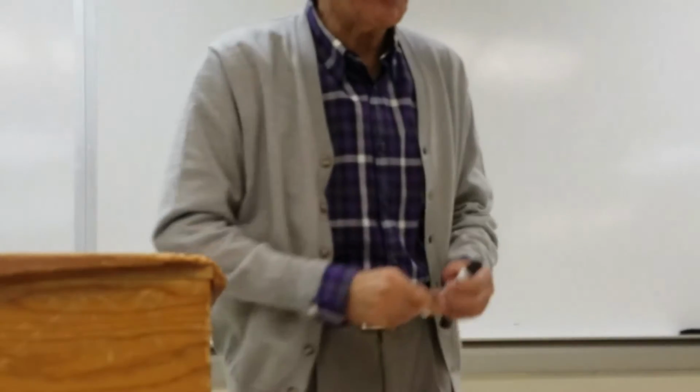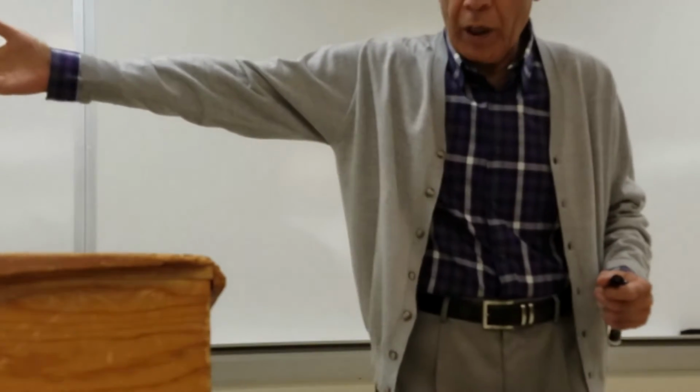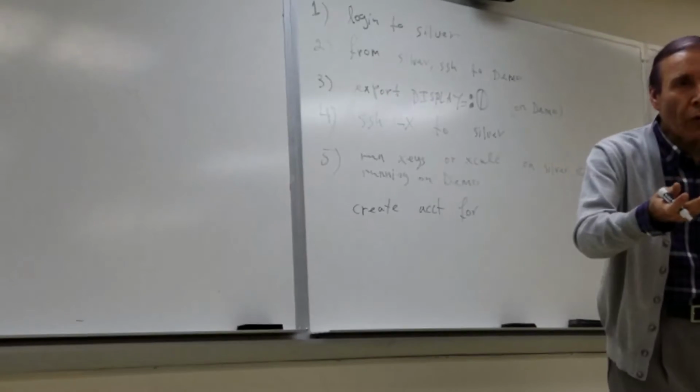Now let me show you how to do that. The very first thing is we log into Silver and log into the Oracle account. Once we're in the Oracle account, the command which I have made is this. Let's say you want to create an account for David. You just say create account, or maybe you could put CCACCT account for David, and you need to put your ID.